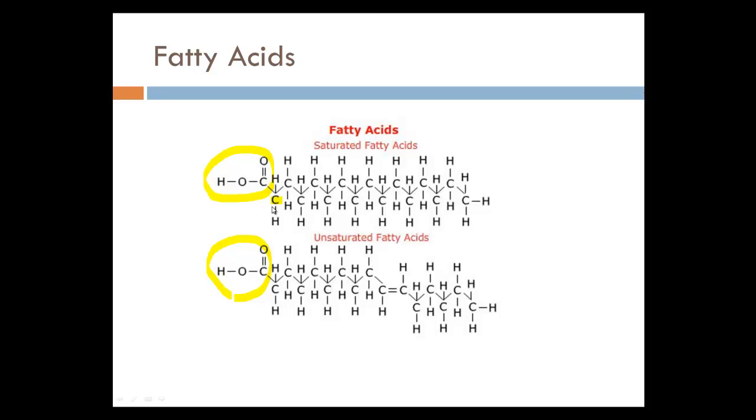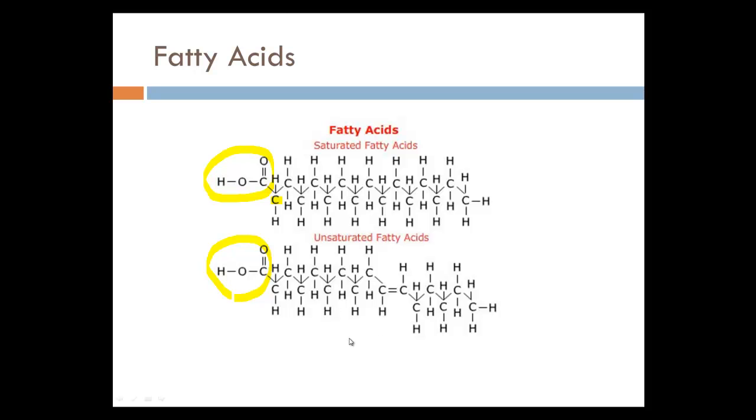This first one that's here is called a saturated fatty acid, and the reason it's called a saturated fatty acid is because it is saturated, like saturated as a sponge, saturated with water. It's saturated with hydrogens, so it's filled with hydrogens. The second one here is an unsaturated fat, and it is called unsaturated because it is not saturated with hydrogens.